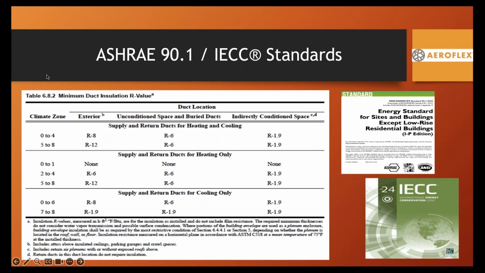You also notice in the left column climate zones, more on that in the next slide, and the space types. It could be an exterior rooftop, an unconditioned space like a mechanical room, or an indirectly conditioned space, which would be a room that's next to a mechanical room or a room that's conditioned that will receive heating or cooling.